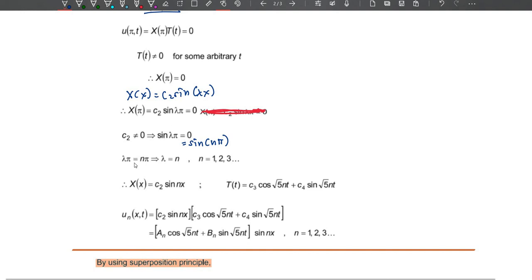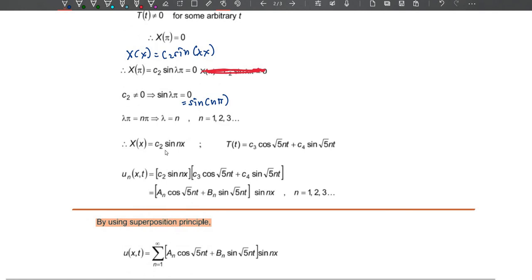Okay, and therefore X(x) is equal to C2 sin(nx), and T(t) is equal to C3 cos(√5 nt), since λ is n, so nt, plus C4 sin(√5 nt). Rewrite it in terms of u, so it will be u_n, because everything is in terms of n.